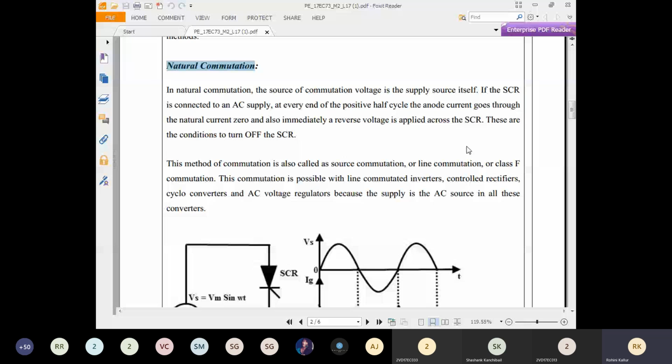When there are positive and negative half cycles in the AC signal, from positive to negative the waveform crosses zero, the origin. So whenever it crosses zero, the conducting SCR will get a reverse voltage applied across it.